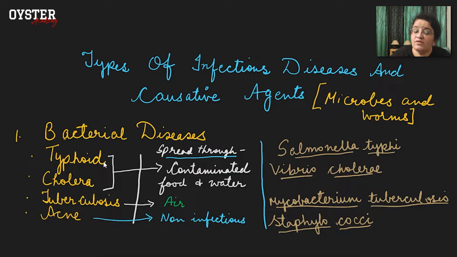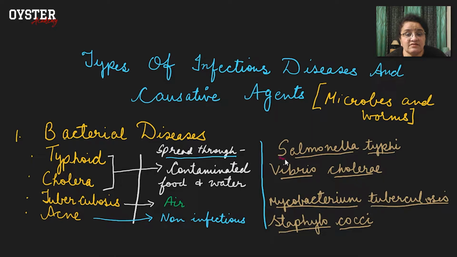Next is typhoid and cholera. Typhoid is caused by Salmonella typhi and cholera is caused by Vibrio cholerae. You need not worry about the names, but still for knowledge purposes we should know them. I would like to remind you here how to write the botanical or zoological names of organisms.